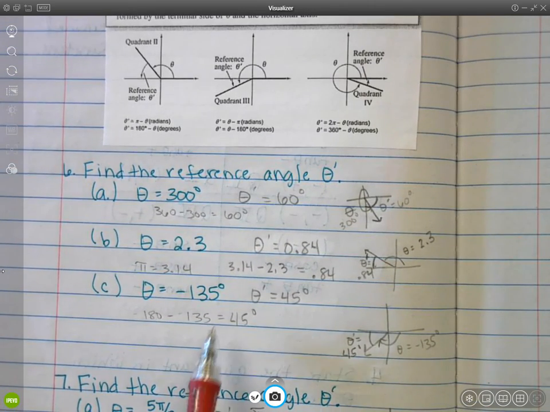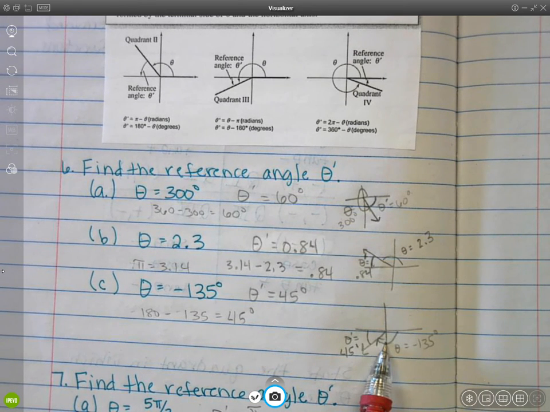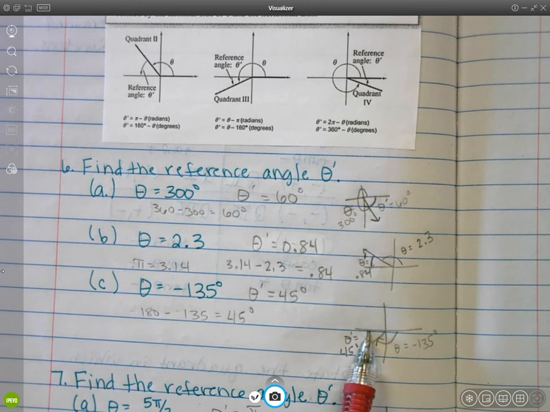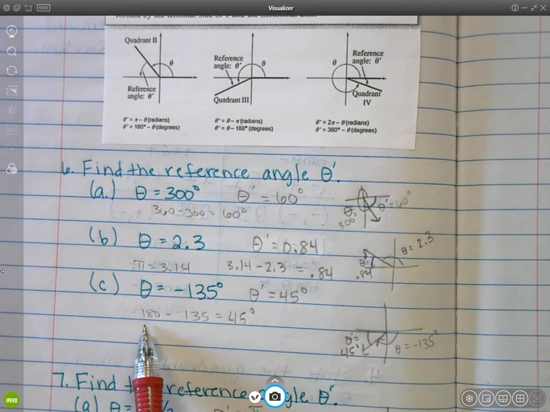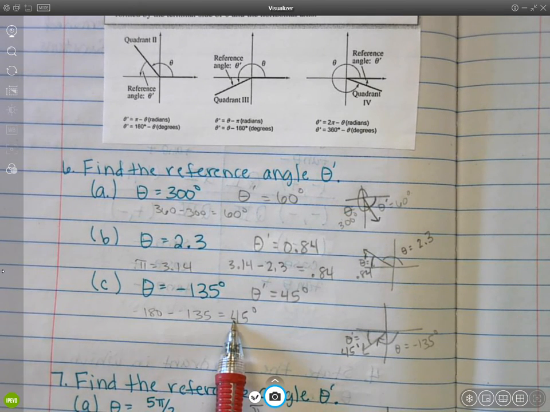All right, so next we have negative 135. Well, this is negative 90, this is negative 180, so negative 135 is right here. So the closest we are to an x-axis is this guy, which would be negative 180. So I can just do that like it's 180 and 135. So if I subtract that, I get 45 degrees.